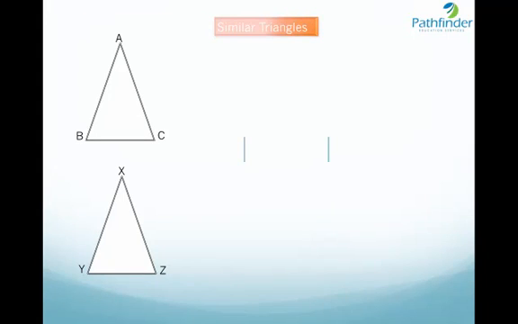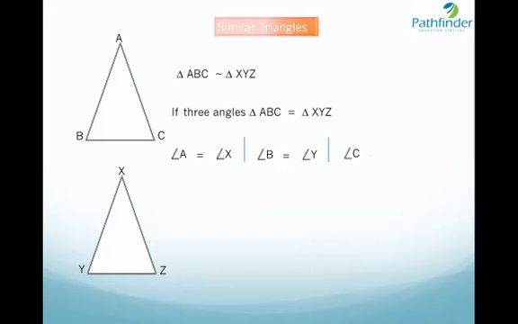Let us look at another property. In case of similar triangles where ABC is similar to XYZ and three angles of triangle ABC are equal to three angles of triangle XYZ, angle A is equal to angle X, angle B is equal to angle Y, and angle C is equal to angle Z. A moment back we saw that the ratio of corresponding sides and corresponding perimeters is equal.